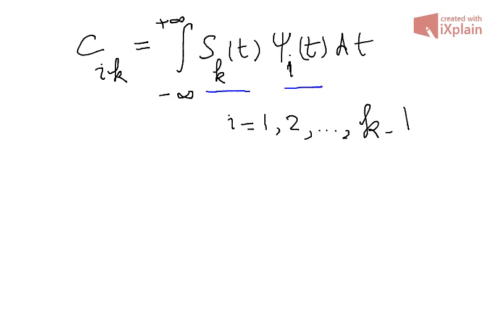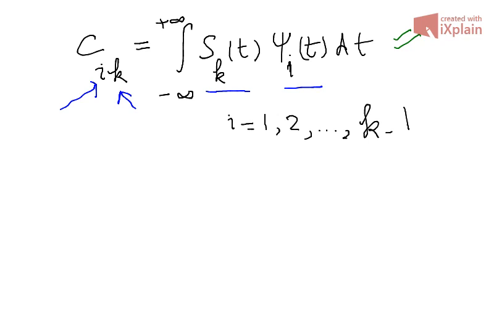This subscript is for the signal, and the first subscript is for the basis function. So we can write this generalized expression for Cik and compute it this way.